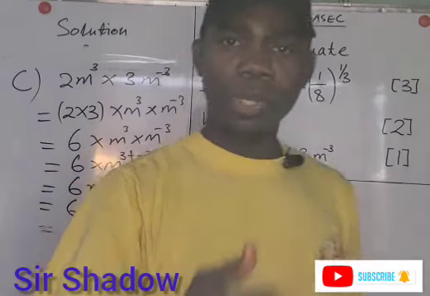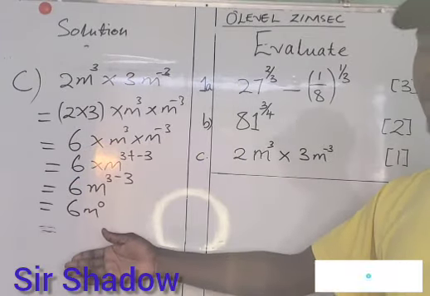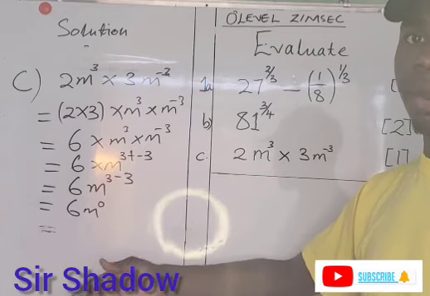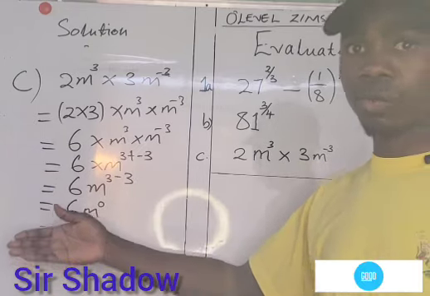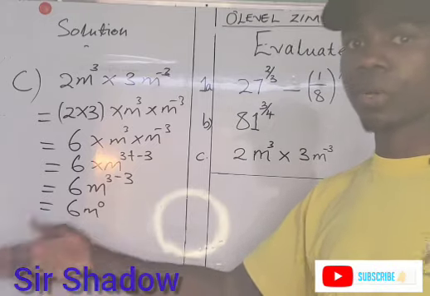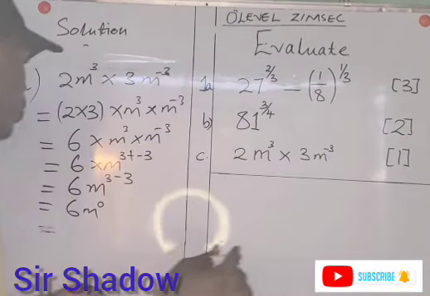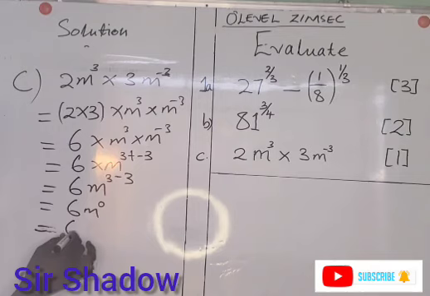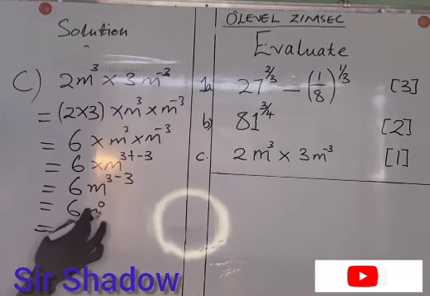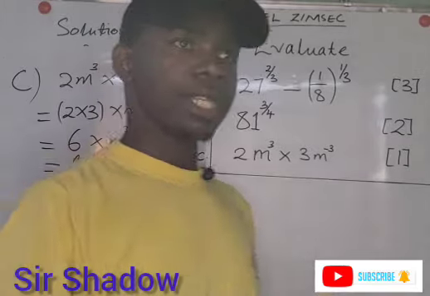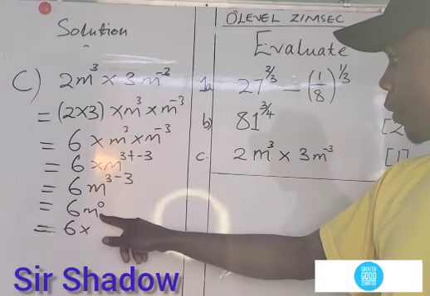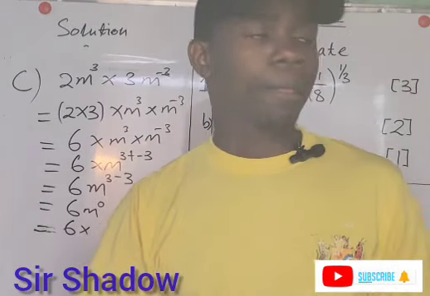Why? We have the law which says that a number or any letter to the power 0, the value becomes 1. So we are saying 6 multiplied by m to the power 0. Remember, 0 is not affecting everything. 0 is only affecting m.